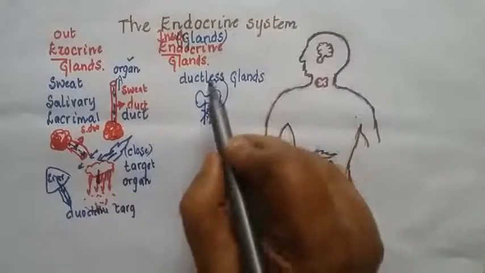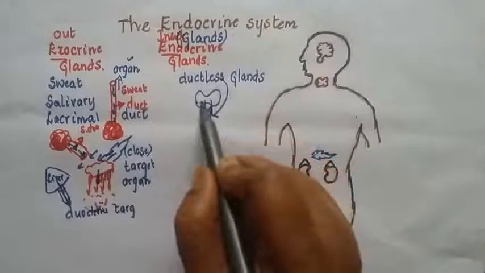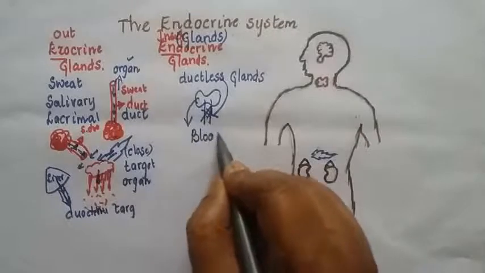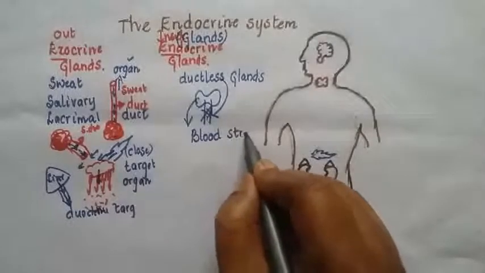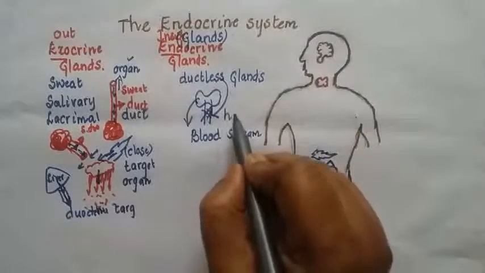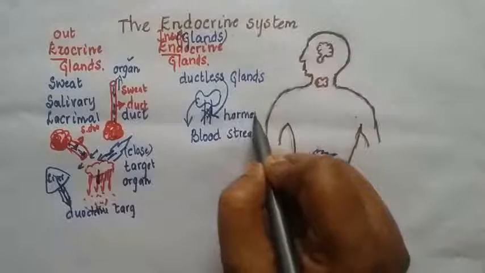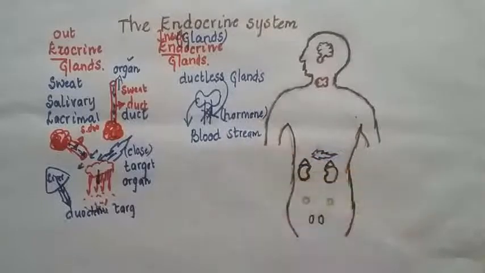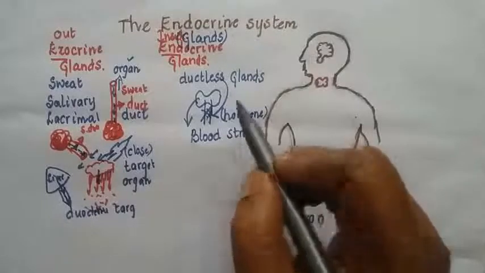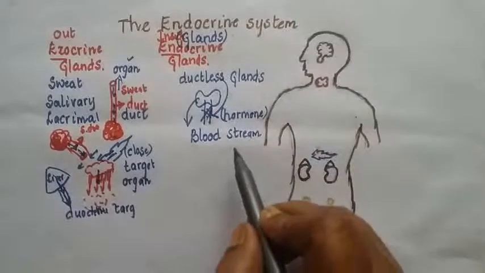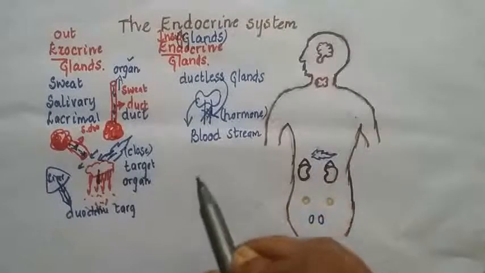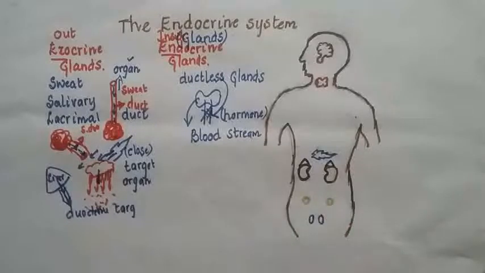They pour their secretions directly into the bloodstream. So you can say that the substance secreted by the endocrine gland is known as a hormone. So thus you can say that hormones are directly poured into the bloodstream.